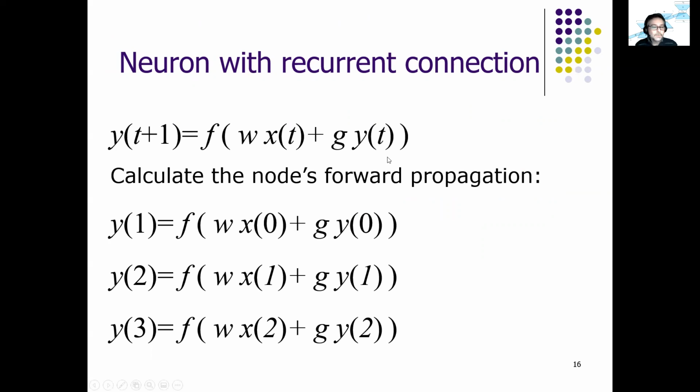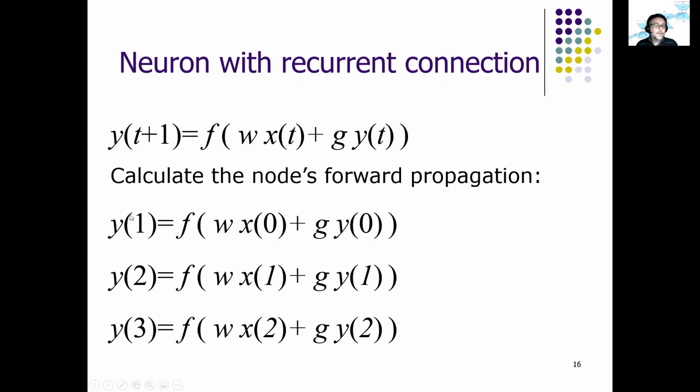So that's the general model, and then we have the output at iteration 1 depends on the input x at point 0, that's the initial input that the node receives, and the state of the node, that's the output at time or iteration 0.